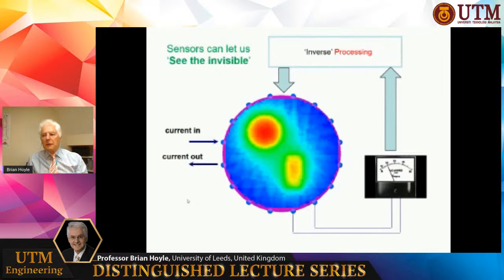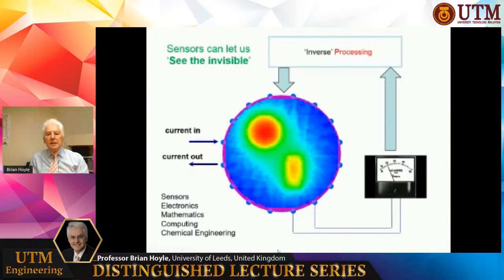In this case, we only have time for a few short things, and we're looking inside a steel pressure vessel typically. So there's a little look at seeing the invisible. And this is a combination, of course, of sensors, electronics, maths, computing, and chemical engineering. So it's inherently multidisciplinary too.